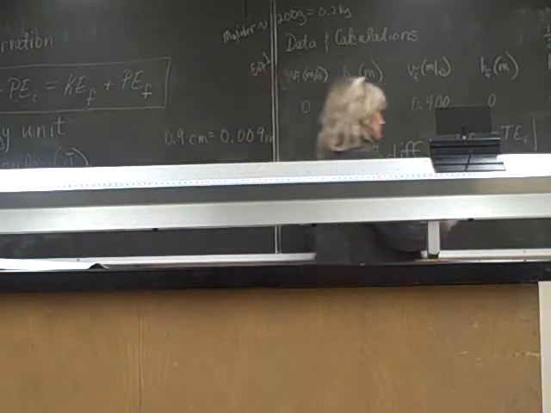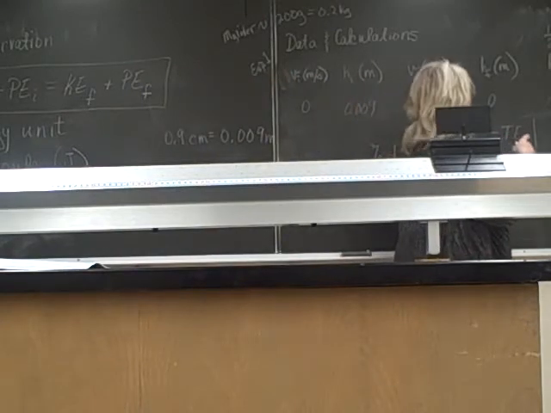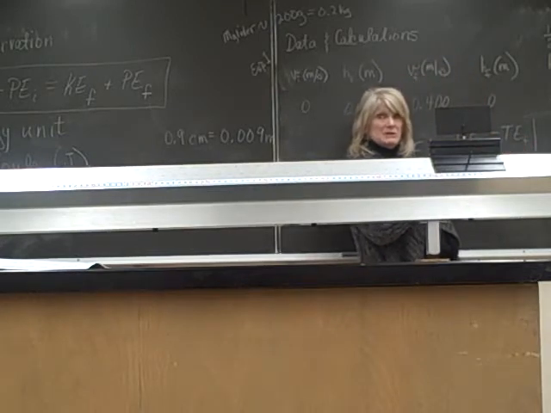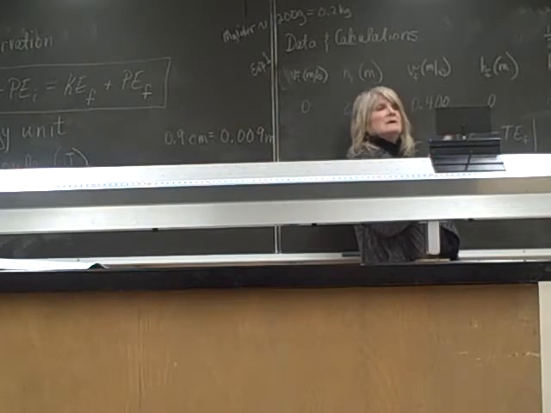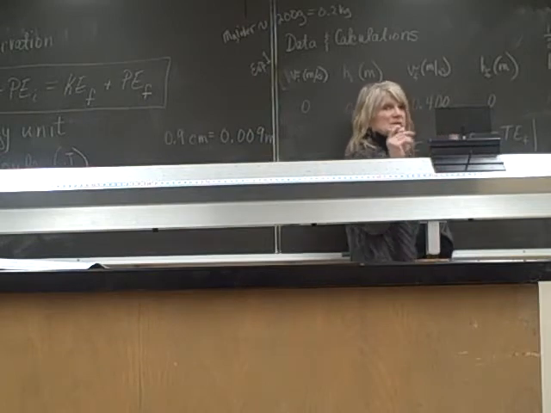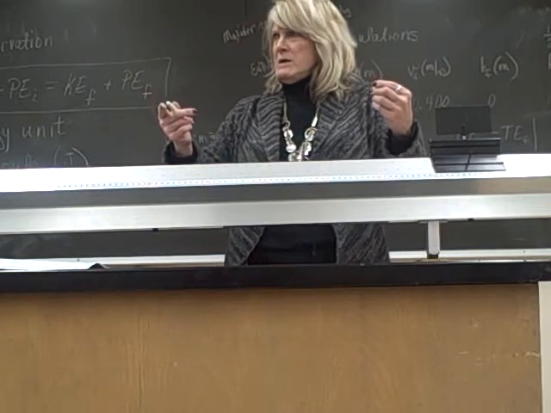Now, I'm going to tell you right now, if you end up with a total energy final that's bigger than your total energy initial, you probably did not level the air track. I mean, that would be my first guess, because we're expecting them to be the same, right?